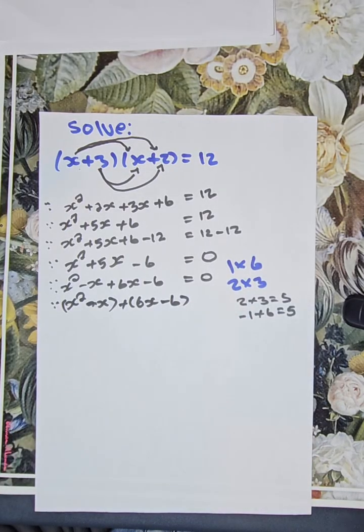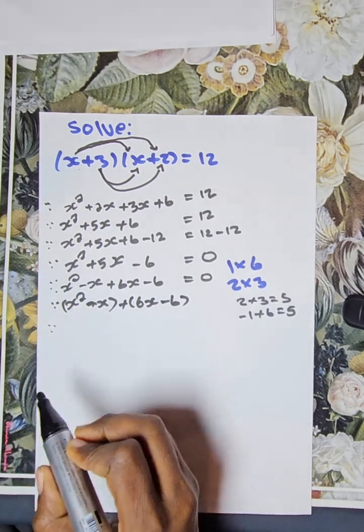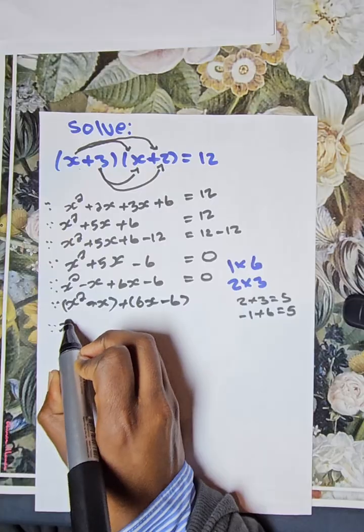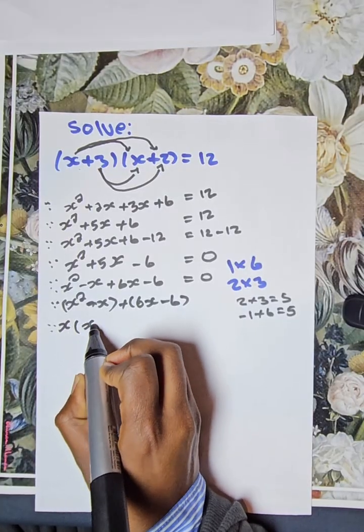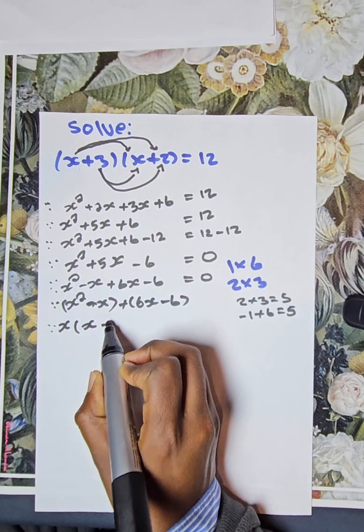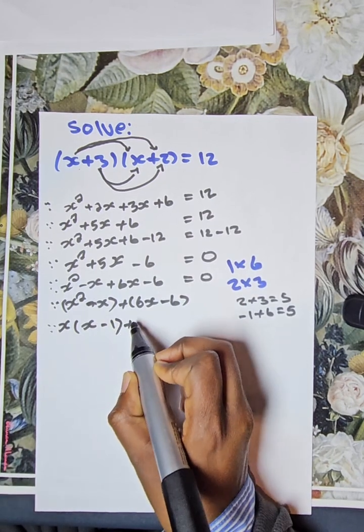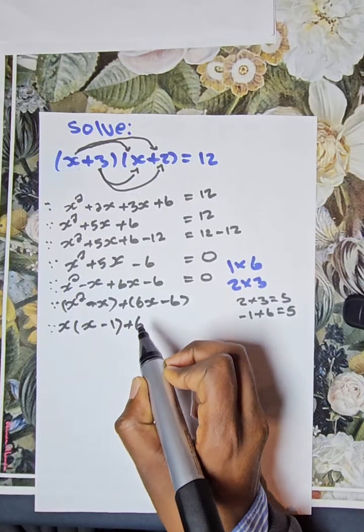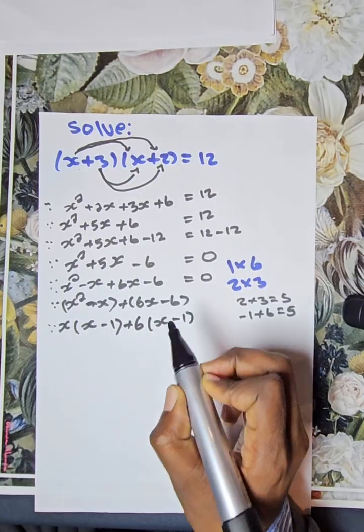Now we check each group. Can we take out any common factor? Remember, we always take out the highest common factor, which in our first term is x, and inside the bracket we are left with x minus 1. In the second group, our highest common factor is 6, and inside the bracket we have x minus 1.